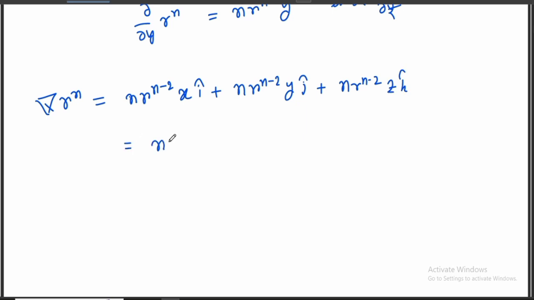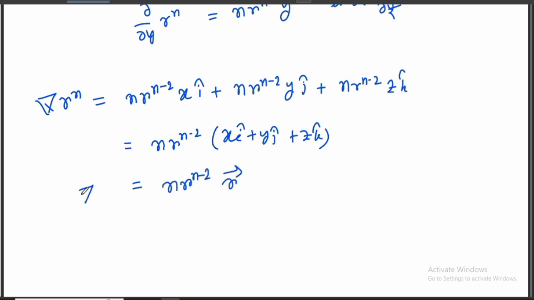We can take common n r to the power n minus 2, so it will be x i cap plus y j cap plus z k cap. This can be written as r vector, so it will be n r to the power n minus 2 r vector. So our grad r to the power n is this.